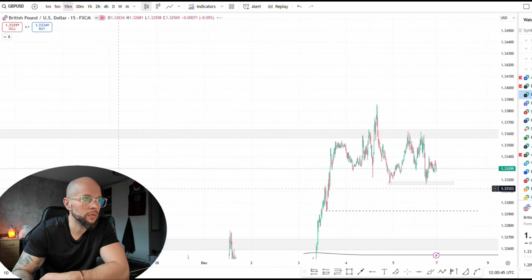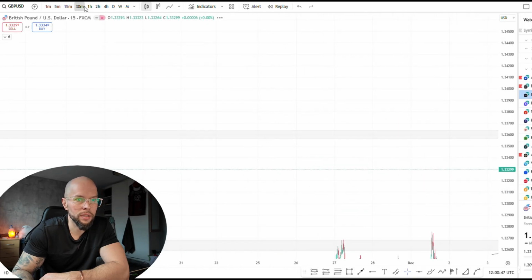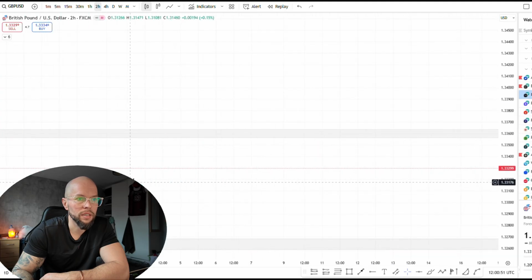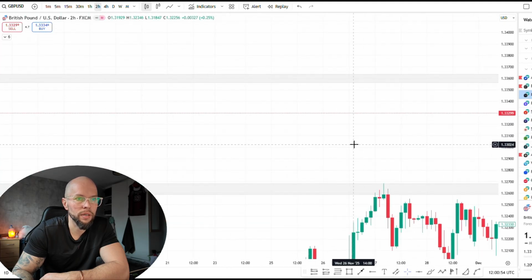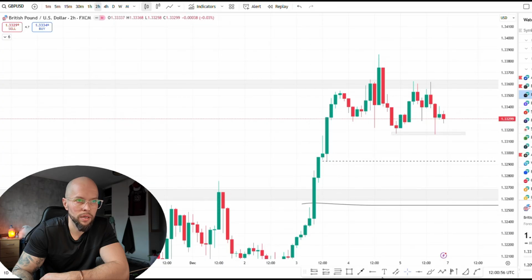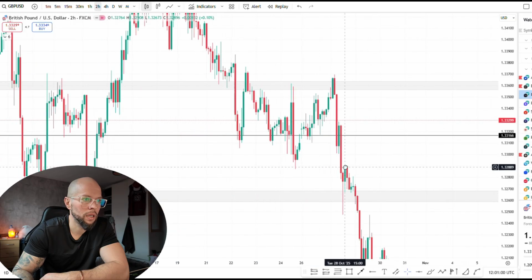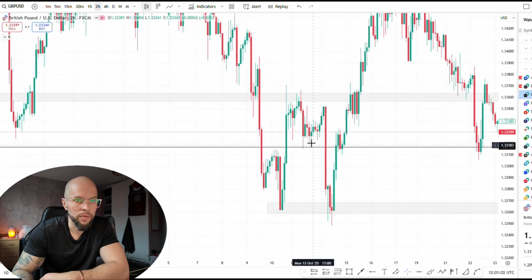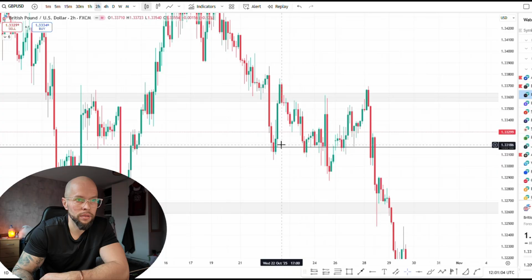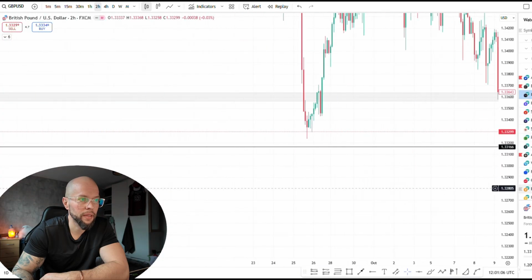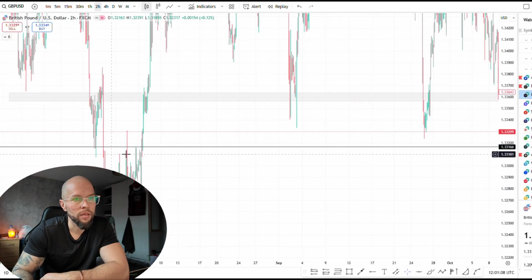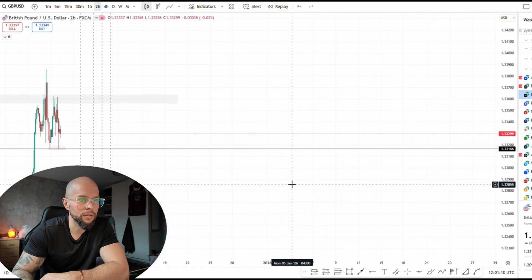If we move to 30 minutes, even 2 hours, let's see what we have over here. If this level goes anywhere. Reaction. Strong level as well. Validates everything else.